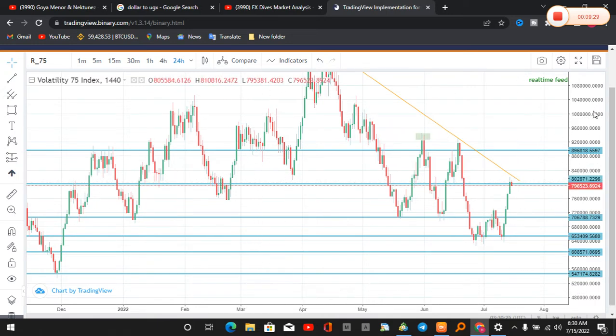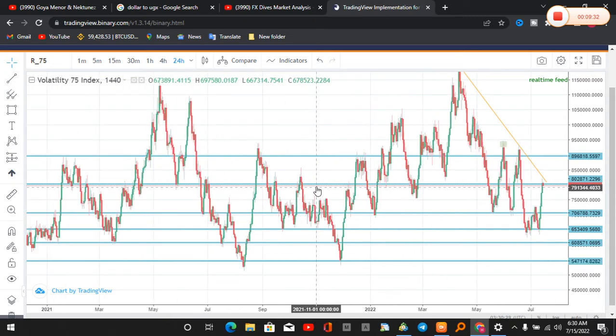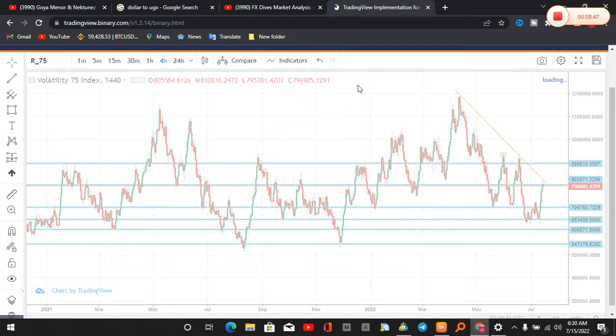We also have another confirmation of our zone, which is our resistance zone, and we also have another confirmation of our resistance trend line. So I think let's jump into the 4-hour time frame to get a clear picture.